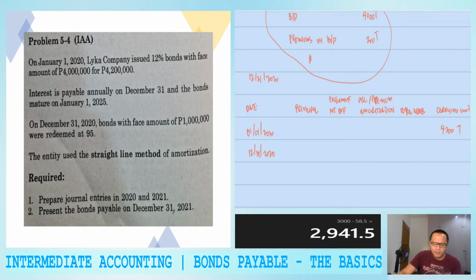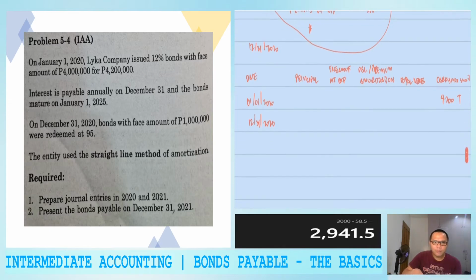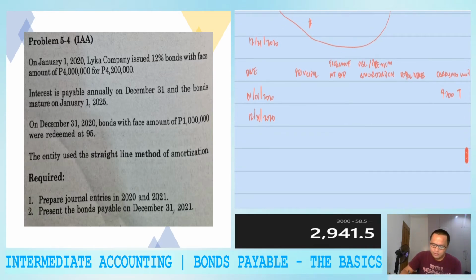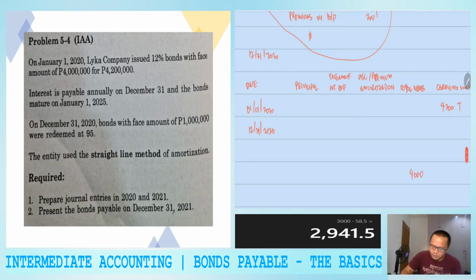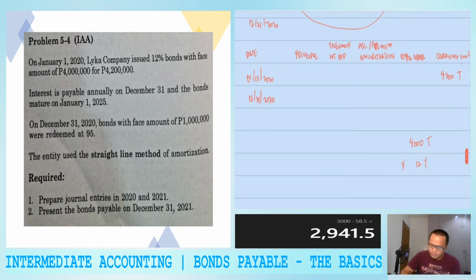So, we have an interest of 12%. So, ngayon, 4 million times 12%. Di ba? So we have 480,000.